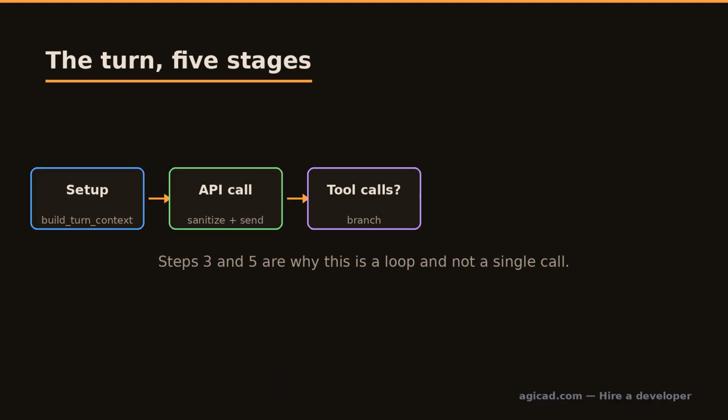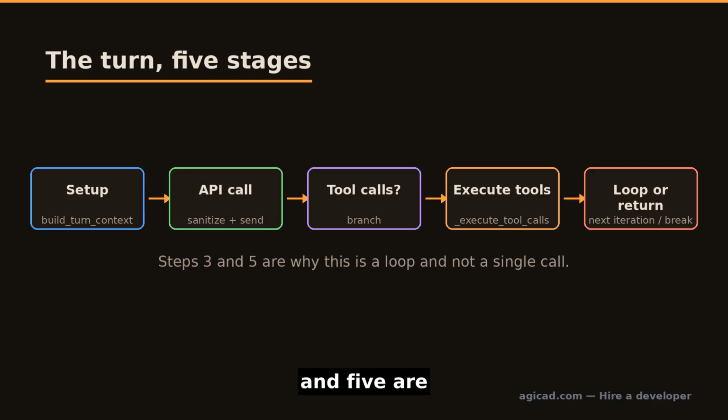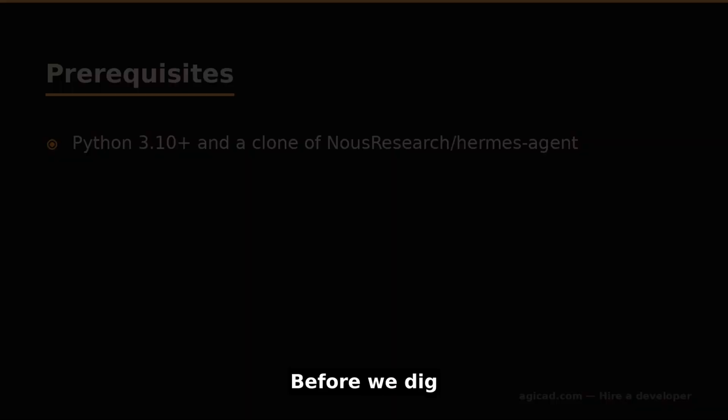If it asked for tools, they get executed, and the results go back into the message list. And then the loop either starts over with those results, or breaks out with a finished response. Stages 3 and 5 are the whole reason this is a loop. Instead of one API call, a single user message can trigger dozens of these round trips before you see an answer.